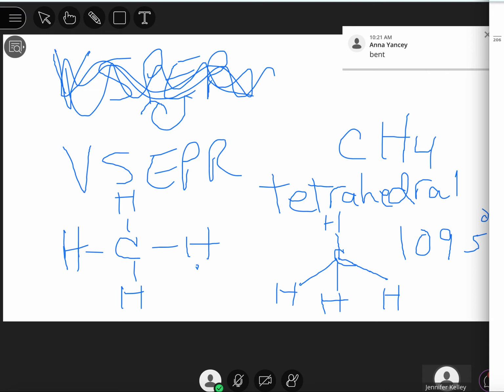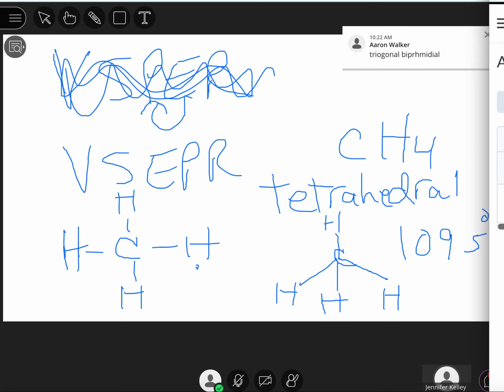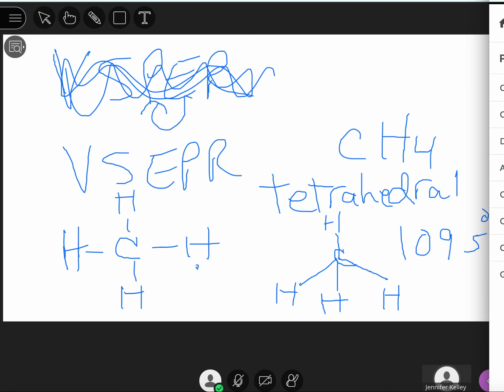If you go to section 5.2 and scroll down to the bottom, there's a table there, and the table is going to show you all of the different types there are. So there's trigonal planar, bent, tetrahedral, trigonal pyramidal, another bent structure, trigonal bipyramidal, seesaw, T-shaped, linear, octahedral, square pyramidal, square planar.